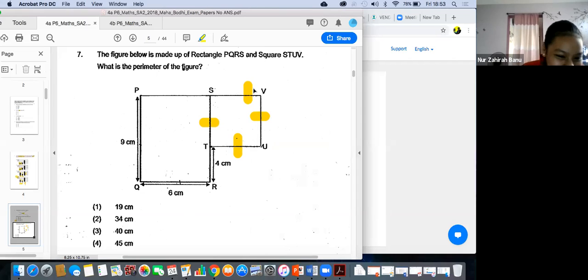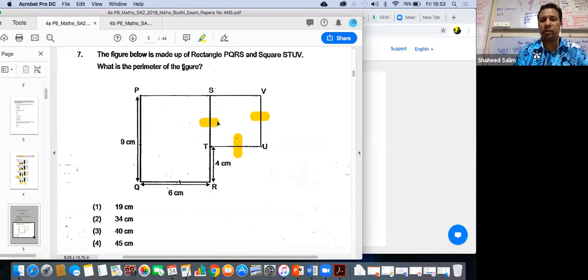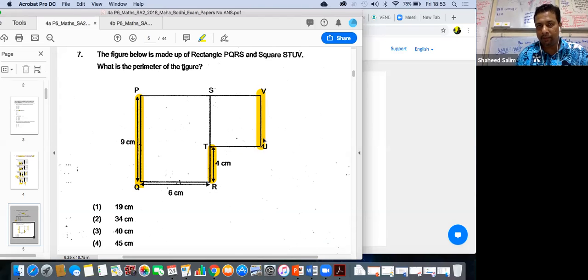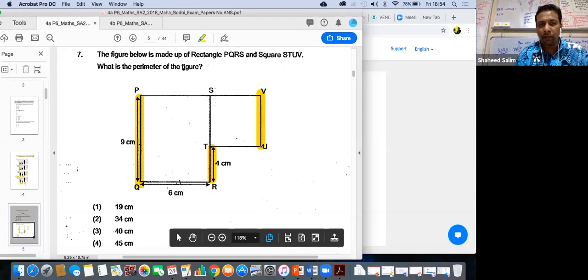Number 3, okay. Let's see here. Because one person say 2, some of you say 3. So actually you have 9 cm here. Take 9 plus 9. This one is also 9. You don't even need to find out the square for this side, but for this side, you need to find out. So 9 plus 9. And then down here is how many?